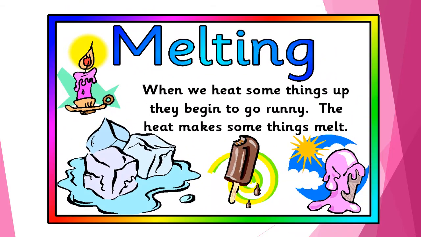The next process in changing of materials is melting. When we heat some things up, they begin to go runny. The heat makes some things melt, like ice cream, popsicle, ice cubes, and candle.